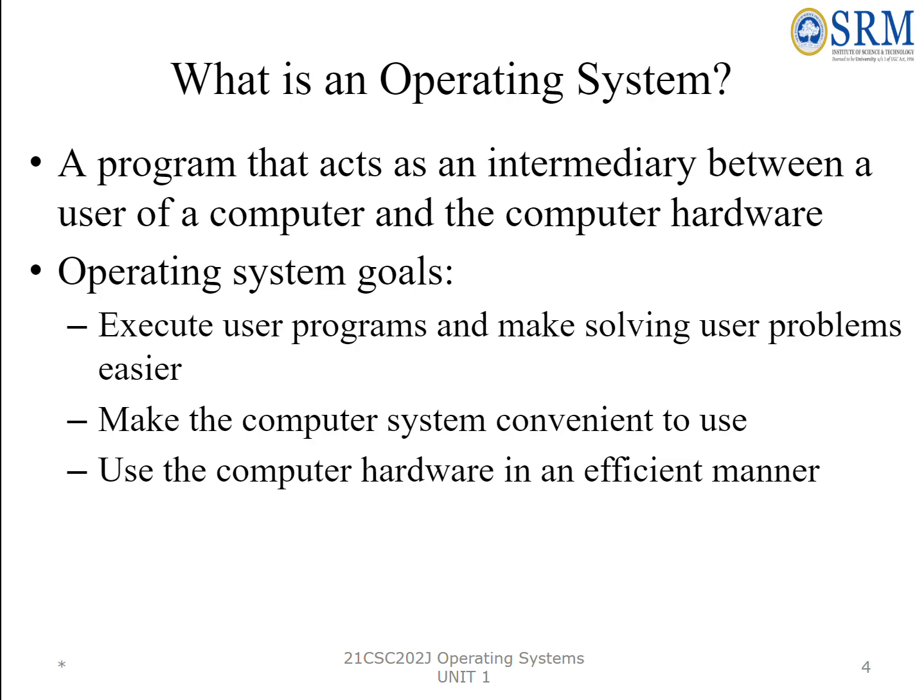The collection of programs connected together, we can see as the system. That is called the operating system. So we need a set of programs to perform any operations. That is a set of instructions to execute user programs, to make solving the user problems easier, and to make the computer system convenient to use and the computer hardware used in an efficient manner.